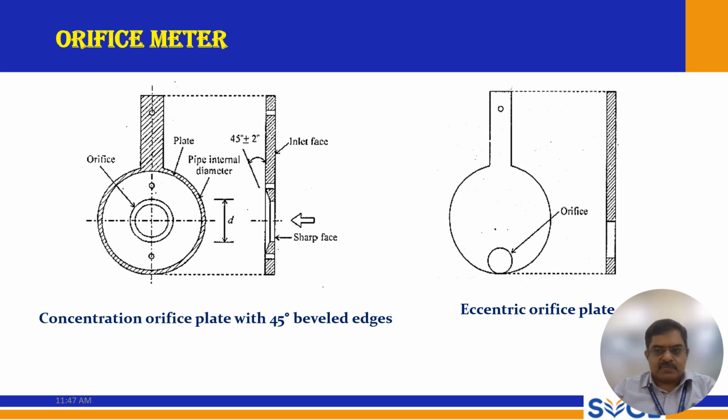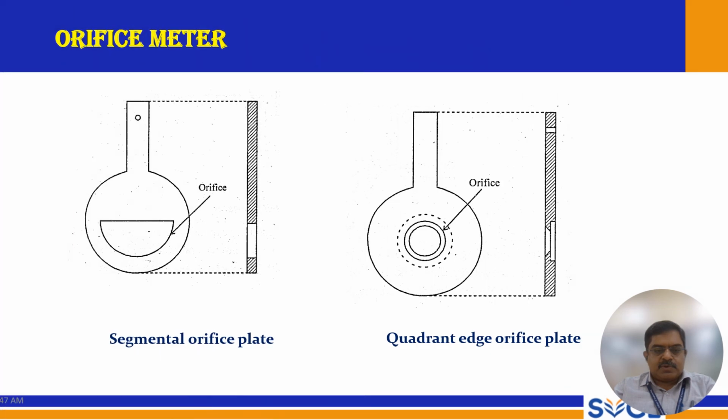So this is the orifice meter. In a simple way, this is another shape, the segmental orifice plate. This is another shape of orifice plate, and you can see the quadrant edge orifice plate. So these are all the configurations of our orifice plates.